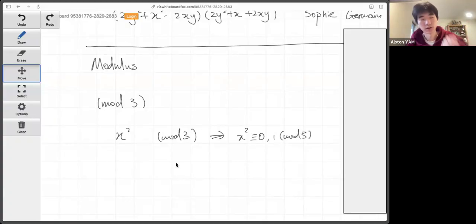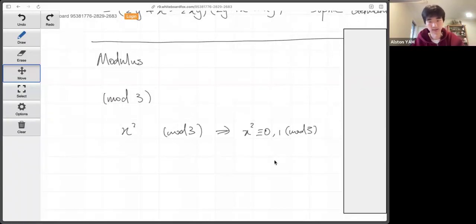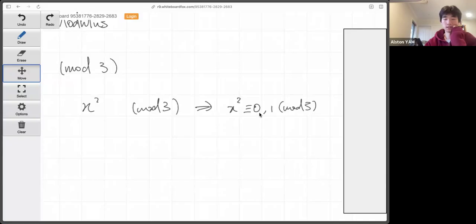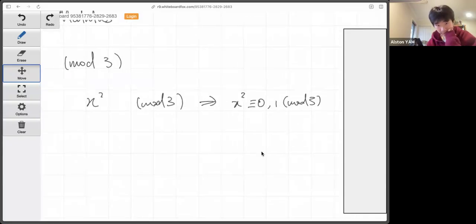You can do your casework on your own, and you'll realize that this has to be true. Why? Because you either have 1 squared, minus 1 squared, or 0 squared. So they only lead to 0 and 1. You can analyze squares in mod 4.